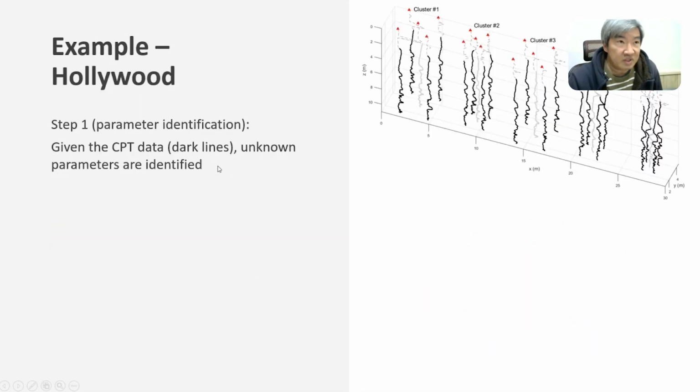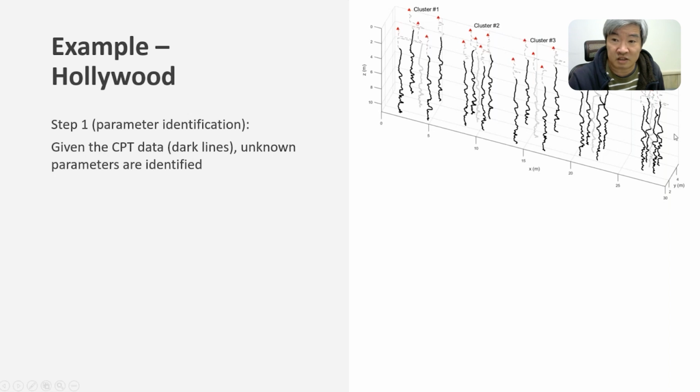So this is the basic model. Given that we have a trend model and a spatial variability model, both random fields, the calculation engine in Settle3 for conditional random field simulation has two steps. The first step, step one, is to do parameter identification based on the measured CPT data.